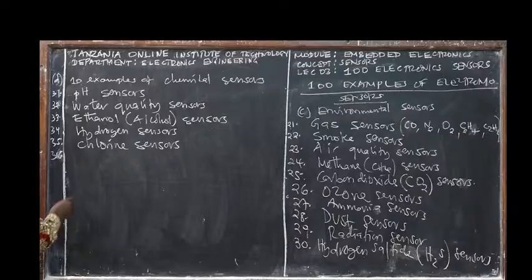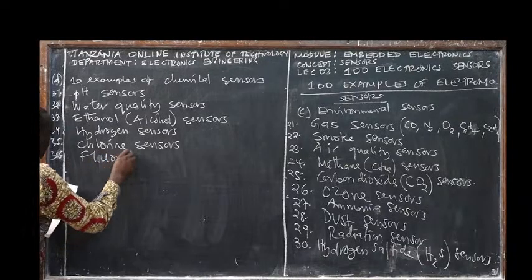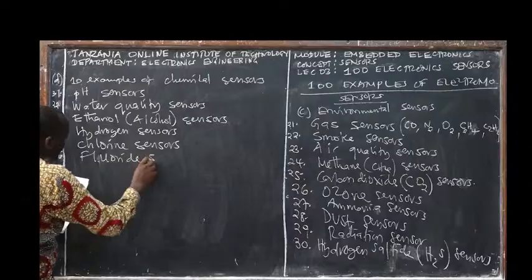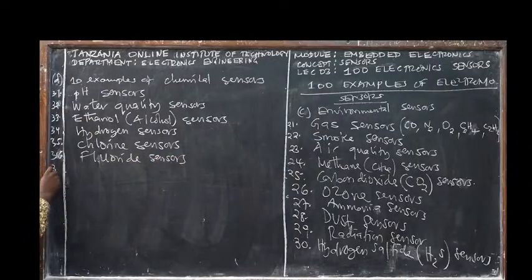The 36th example we have is fluoride sensors. Say fluoride sensors. Then we have nitrogen dioxide sensors.